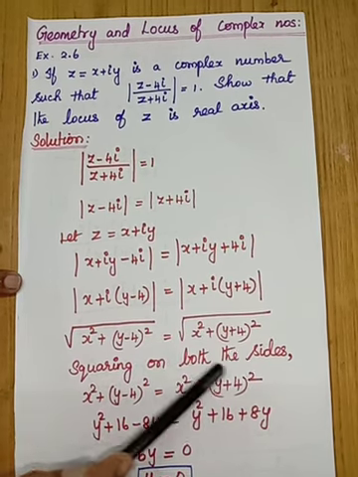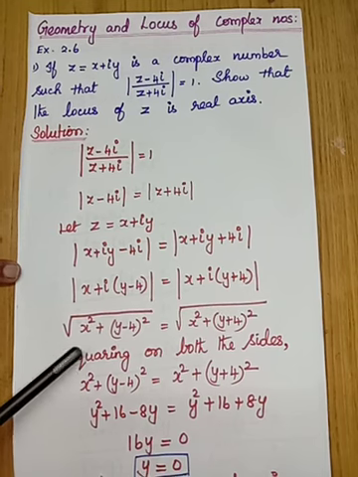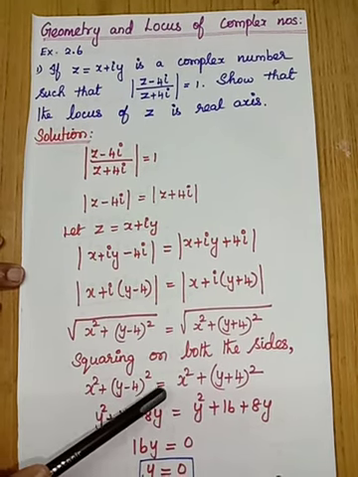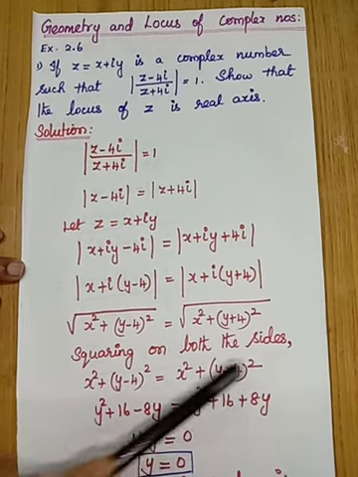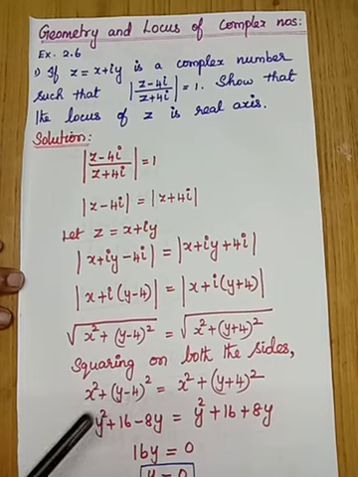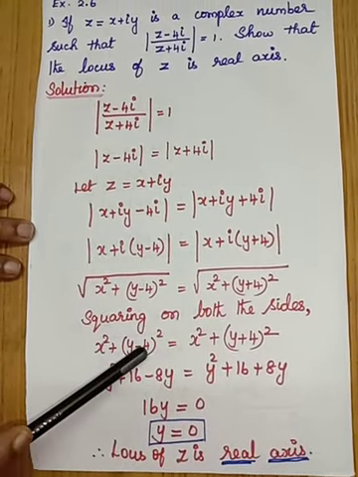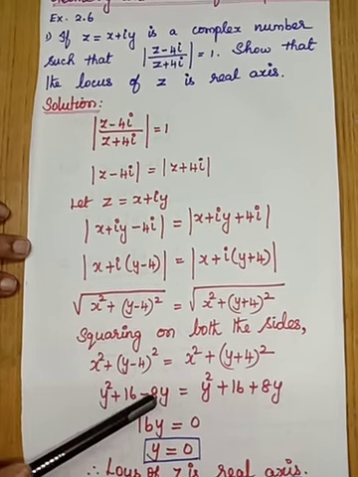Squaring on both sides, the square root gets cancelled on both sides. So the remaining term is x squared plus (y minus 4) the whole squared is equal to x squared plus (y plus 4) the whole squared, and the x squared gets cancelled. Expanding this using the formula (a minus b) the whole squared, you will get y squared plus 16 minus 8y.